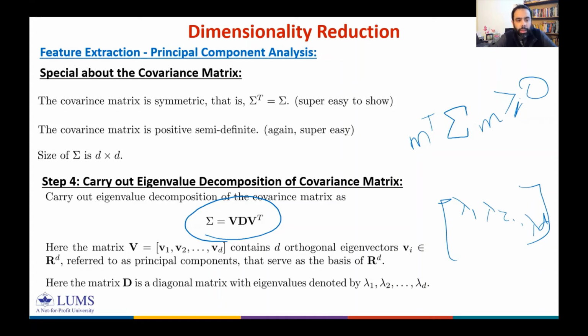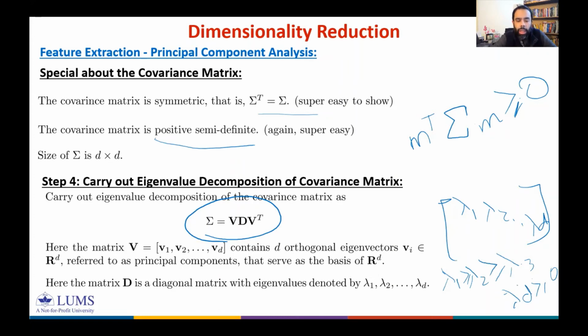Due to the fact that the matrix is positive semi-definite, the eigenvalues are greater than or equal to 0. And since it is symmetric, the eigenvalues are real. Usually we index them so that lambda 1 is greater than or equal to lambda 2, which is greater than or equal to lambda 3, and so on, and finally lambda D is greater than or equal to 0.